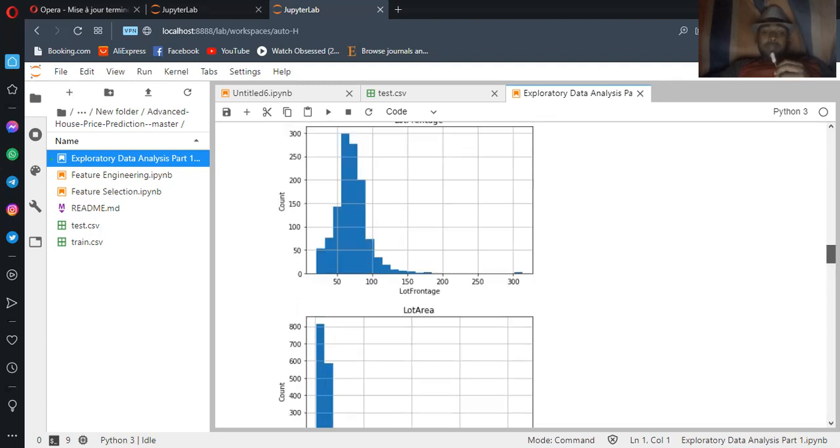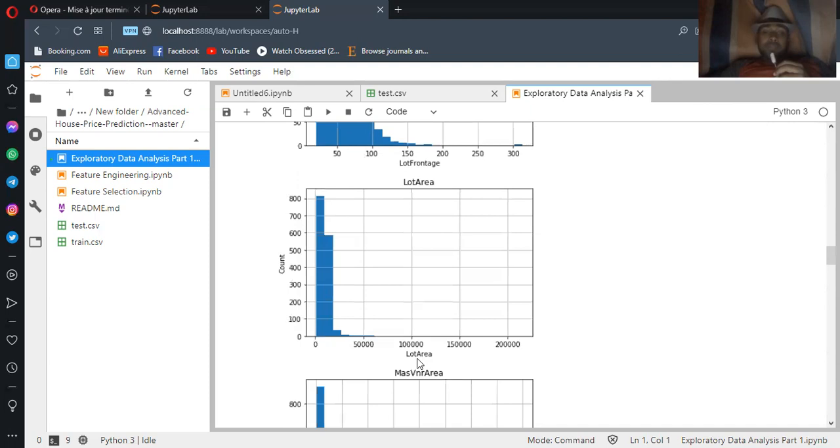If we look again at the lot area, the area of the houses is between 0 and maybe 14,000. Yeah, areas between 0 and 14,000. Almost all the area of these houses is concentrated, condensed here in this interval.